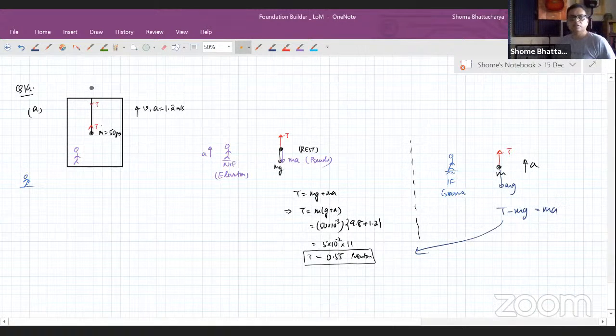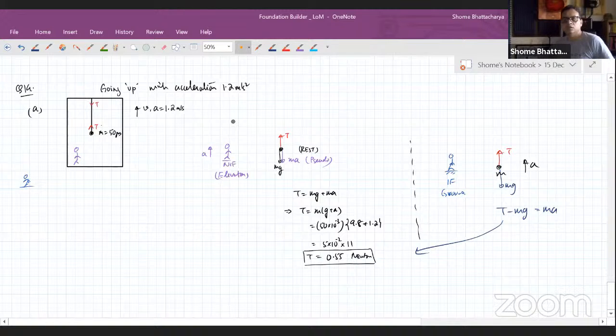In the previous part, the elevator was going up with acceleration 1.2 meters per second square. That's why the direction of velocity is upwards, and the direction of acceleration is also upwards.